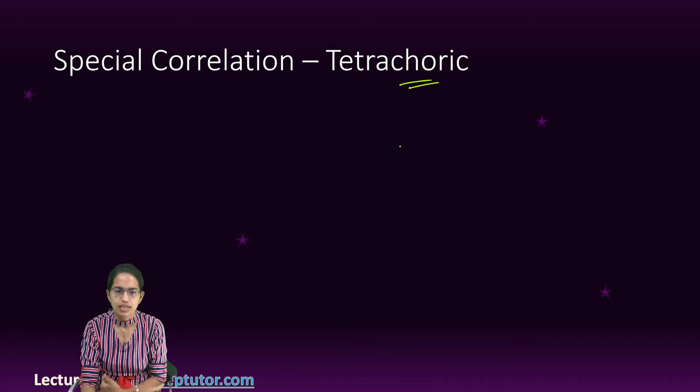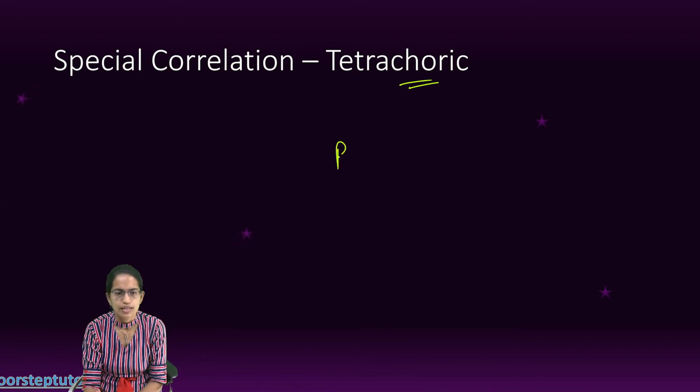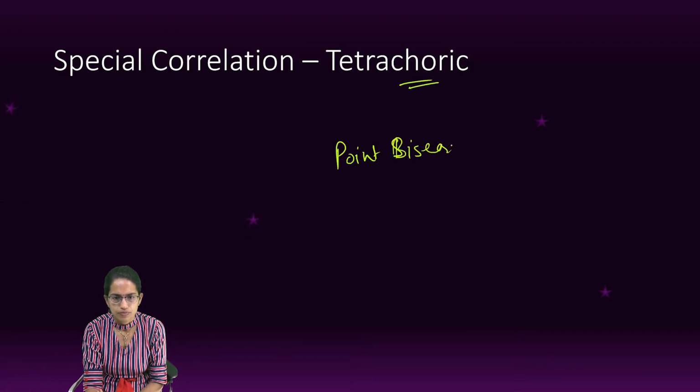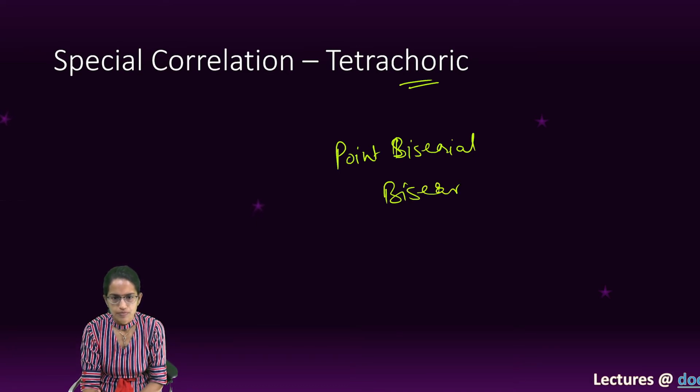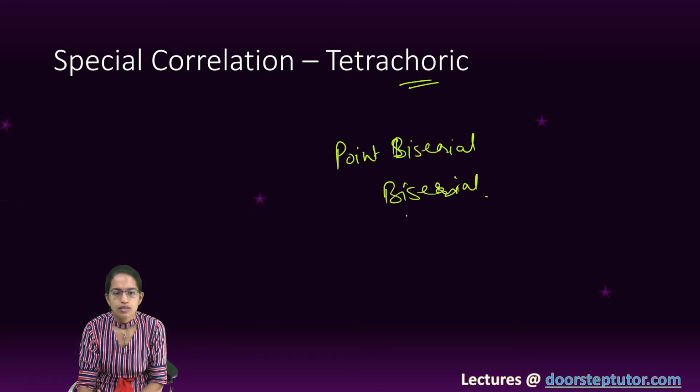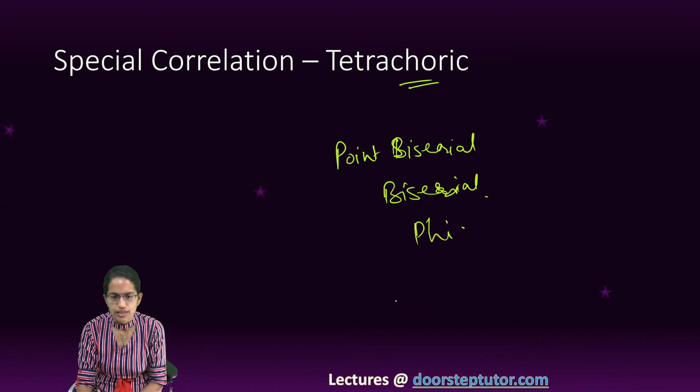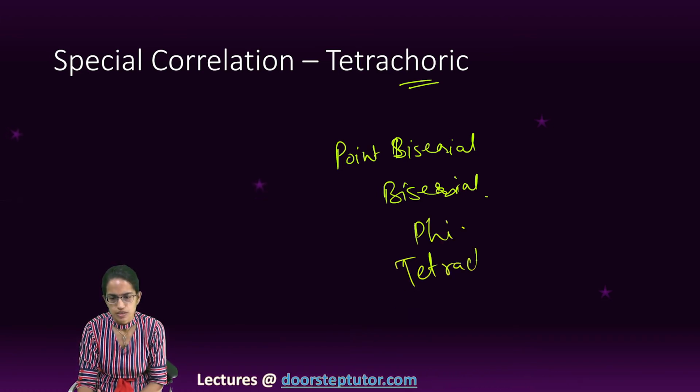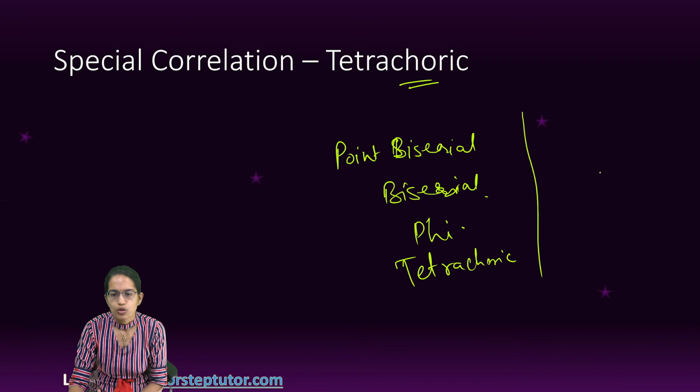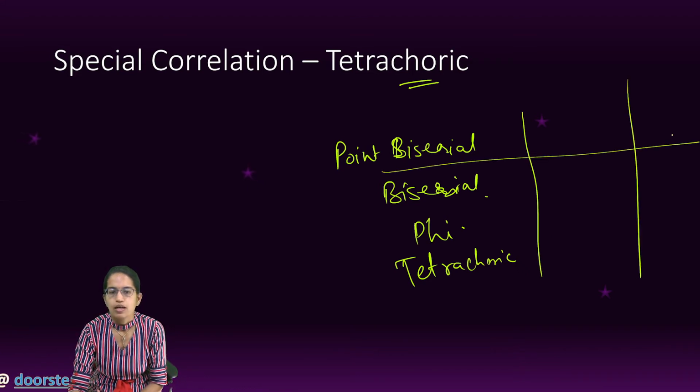I'm just mentioning a table here again to make it clear. The first one is point biserial, the second one is biserial, the third one is phi, and the fourth one is tetrachoric. Now, two variables, how would they behave?